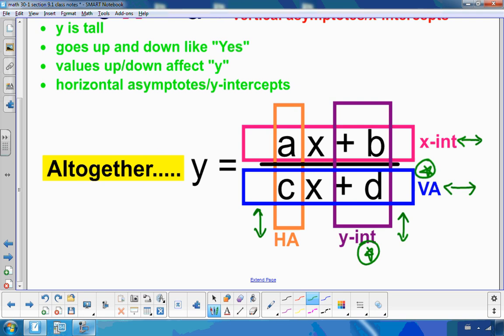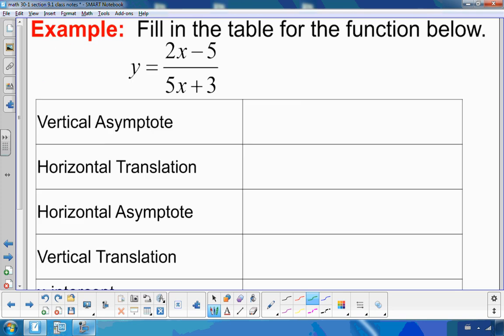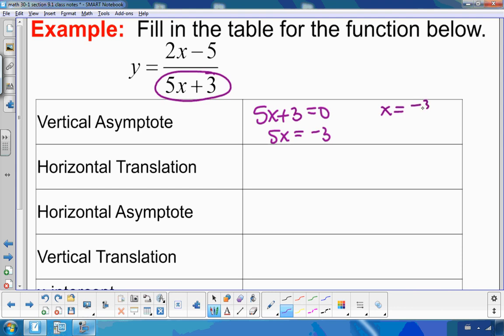So let's use these tricks to fill in this table. Let's start with our vertical asymptote. Vertical asymptote is based on the restriction of the denominator right there. So 5x plus 3 equal to 0. 5x equals negative 3. Divide both sides by 5, and my vertical asymptote is negative 3/5.